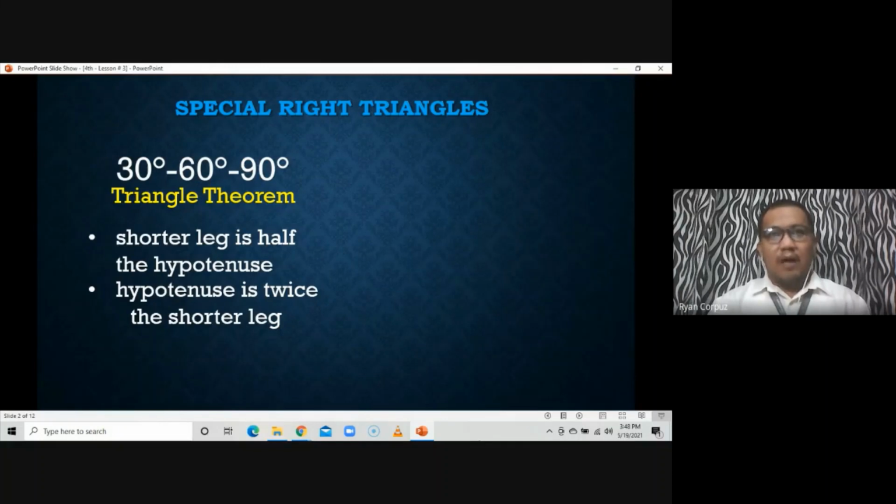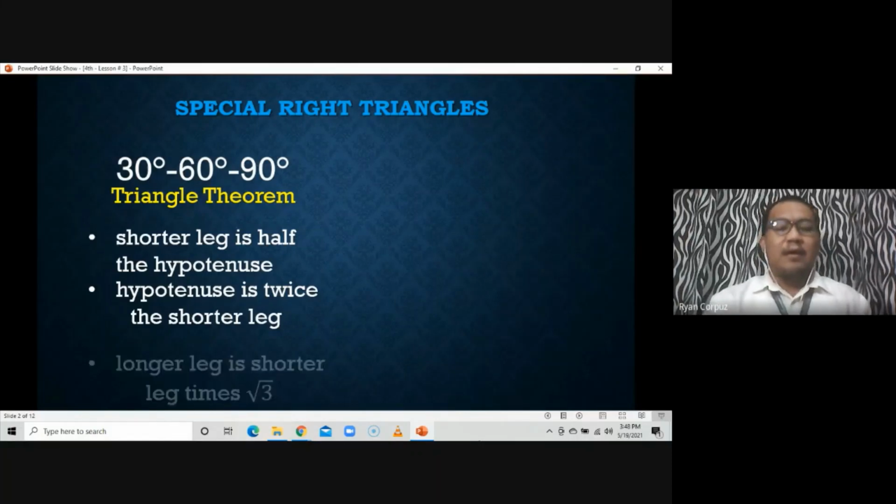So, if you don't know yet the measure of the hypotenuse and the given is the shorter leg, all you have to do is to just multiply that shorter leg by 2 and you'll already find out the value of the hypotenuse, because according to that triangle theorem, hypotenuse daw is twice the shorter leg.